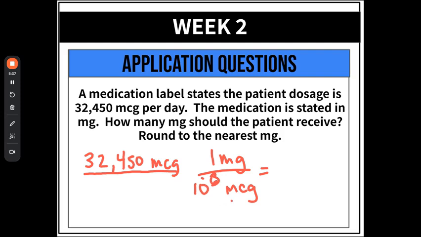So same thing as in the last question. These units will cancel out, and all we'll need to do is multiply. So I have 32,450 on top times 1. It's going to give me 32,450 top. And this is the only unit that remains, so it is going to be in milligrams. Divided by, and this is the only thing that's left on the bottom, 10 to the third.